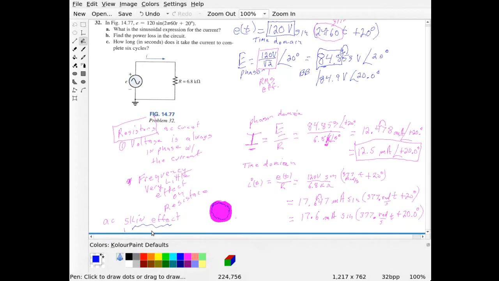We use 60 hertz here in the United States, and Europe and a lot of other countries use 50 hertz. That's a real low frequency. As you start increasing the frequency, the skin effect will play into the resistance in the wire and in your other elements.